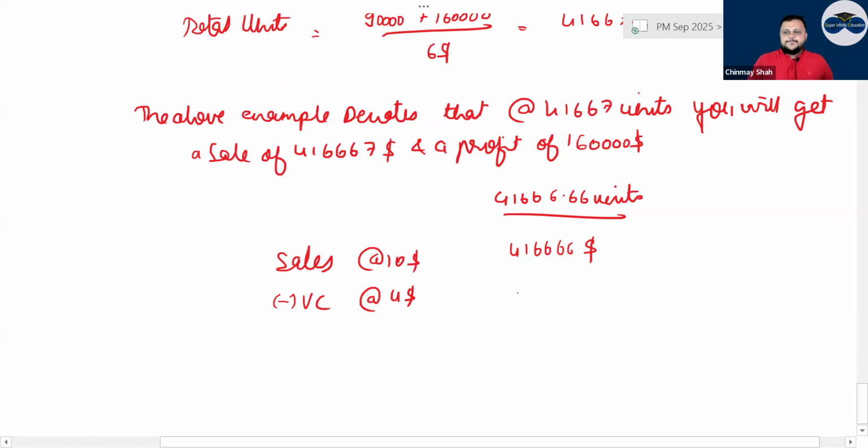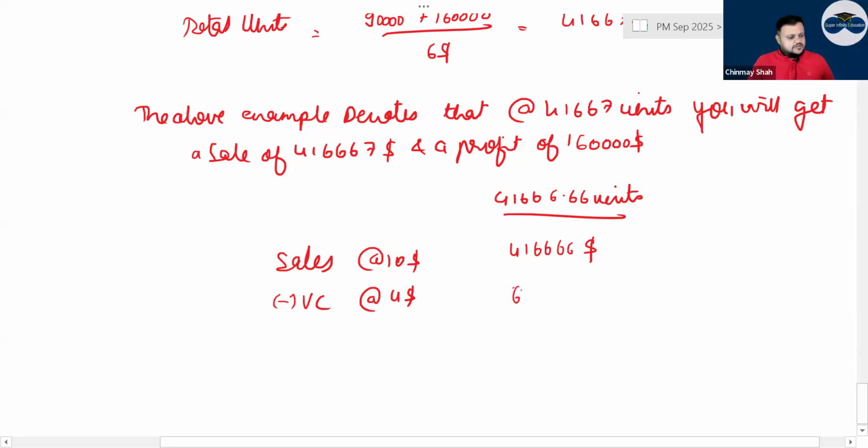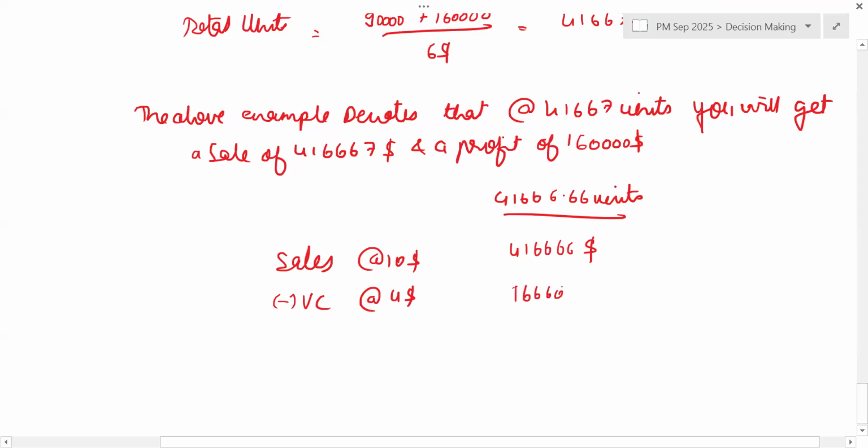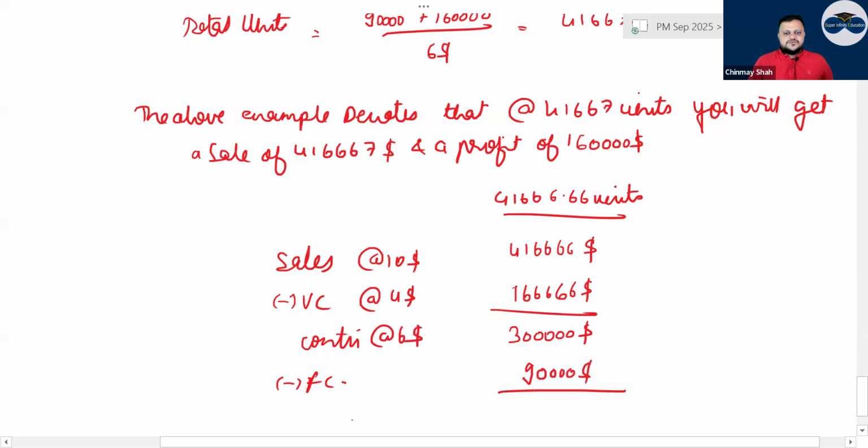Tell me how much is this? 41,666.66 units into $10, minus into $4, how much? $166,666. So $250,000 is your contribution, $6 per unit, correct? And then minus fixed cost was how much? 90,000.